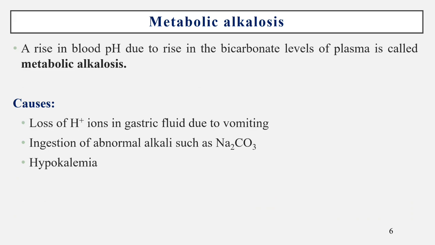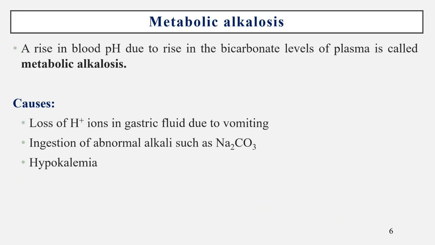Hypokalemia means decreased potassium levels. In hypokalemia, when potassium is depleted, more H+ ions are exchanged for sodium. So the urine becomes more acidic and the body fluids more alkaline. This results in alkalosis. These are the causes of metabolic alkalosis.